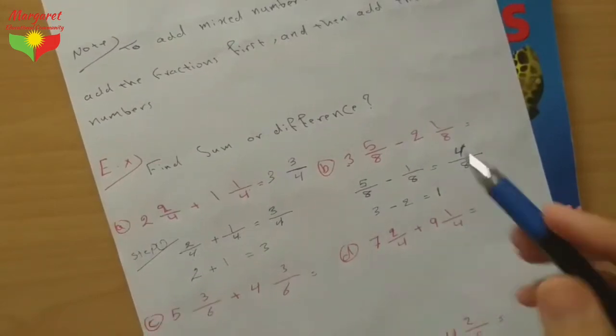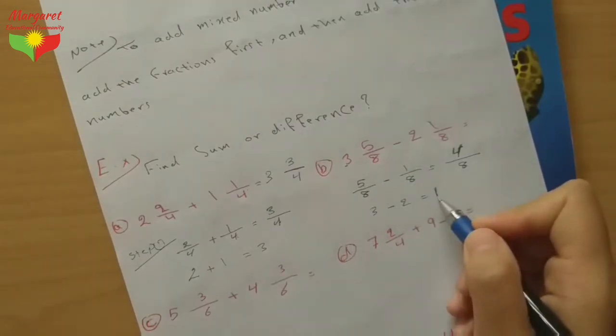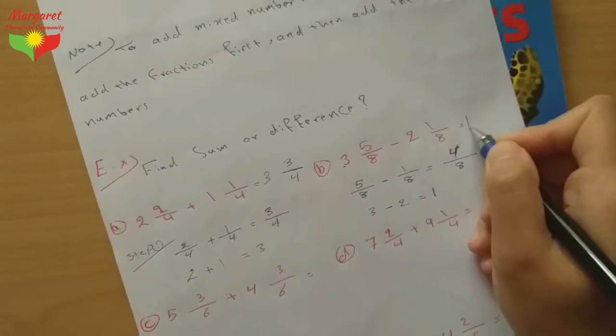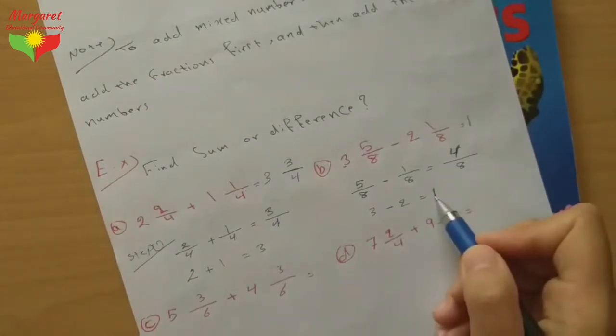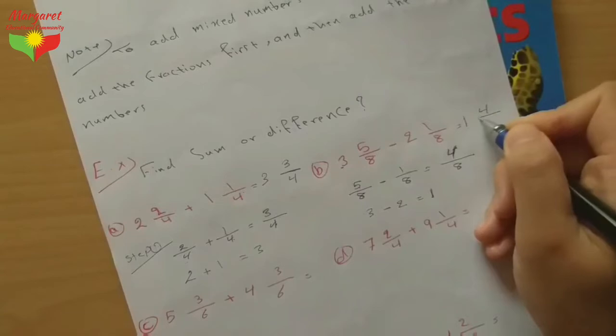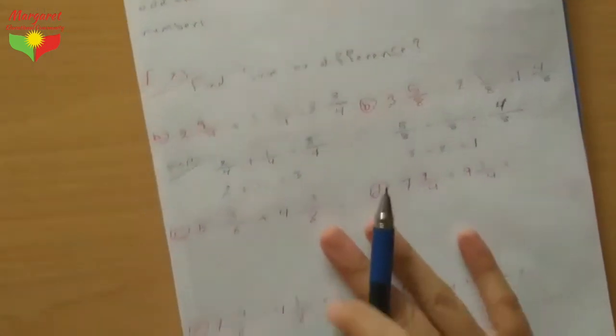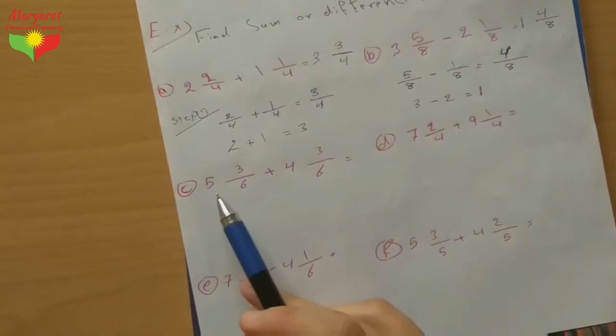So the result of two mixed numbers: first you must write the whole number result, and after that write the fraction.